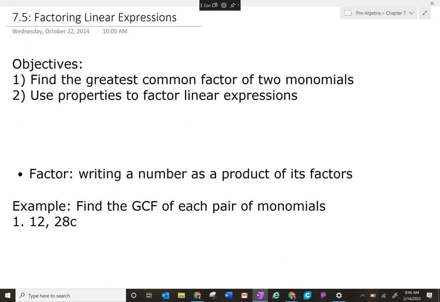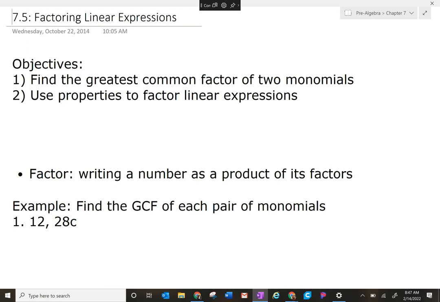I'm going to start off with this first one. I'm going to explain what factoring is and then how to get to the greatest common factors. When we look at factoring, we can break down numbers into bigger groups.